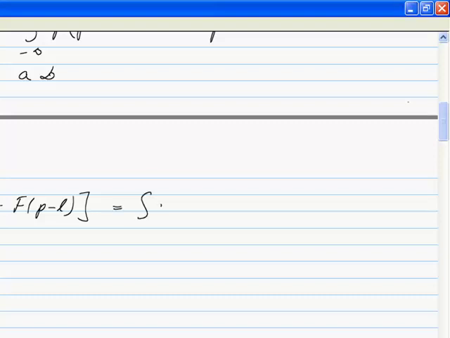This is then the integral d4p l mu df dp mu. Now this turns into L mu times a surface integral: the volume integral turns into a surface integral of f of p as p goes to infinity.